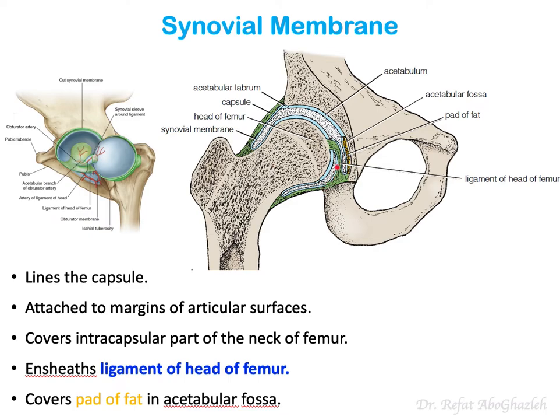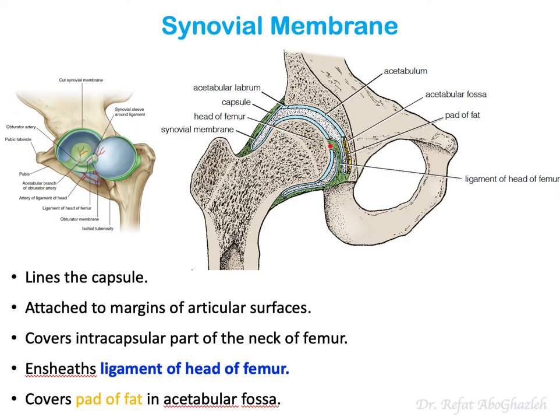Look at it here also. It lines the capsule and also is reflected on the neck of the femur. What else? Also, the synovial membrane in the hip joint ensheaths or covers the intercapsular ligament known as the ligament of head of femur.